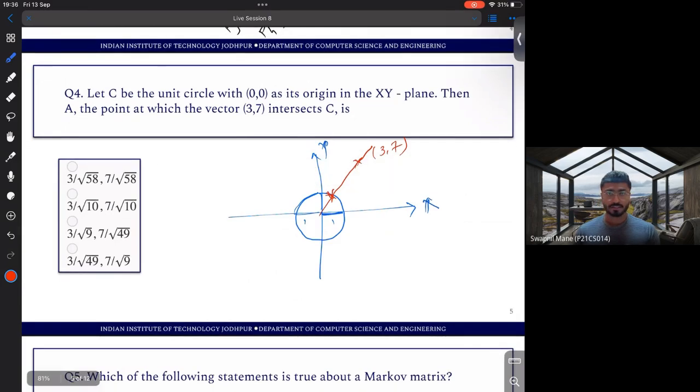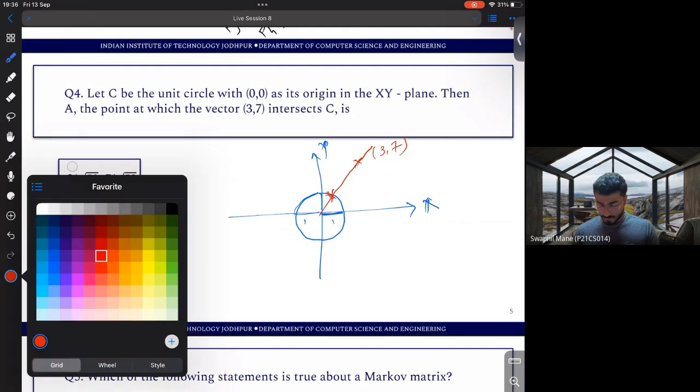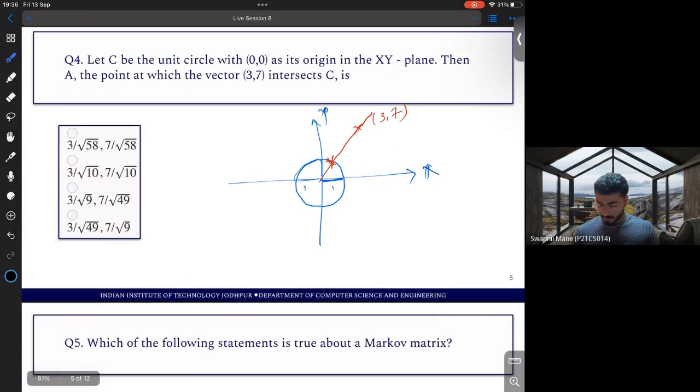So we need to find out this point's coordinates. How can we find out this coordinate? As we are taking, the x coordinate is 3 divided by the square root of the sum of squares of these coordinates, which is 3 squared plus 7 squared. And the other is 7 divided by the square root of 3 squared plus 7 squared.